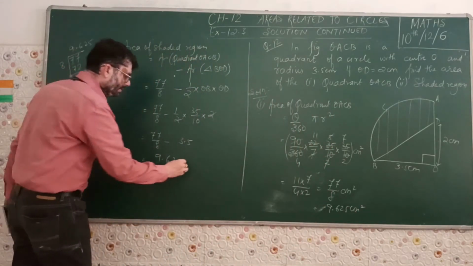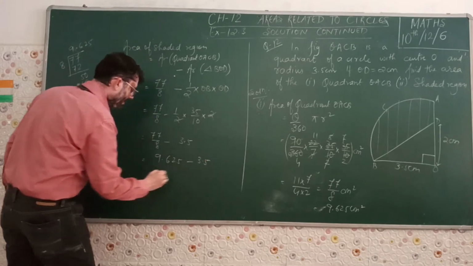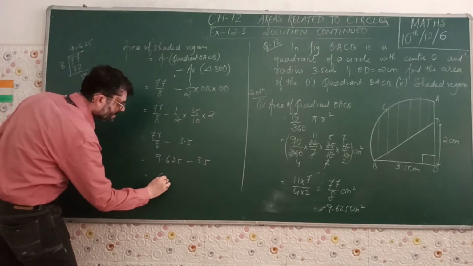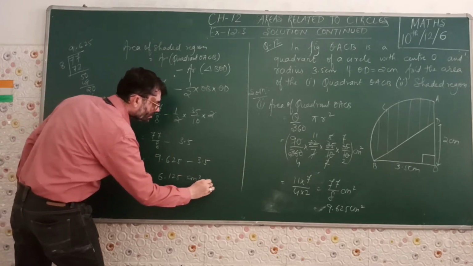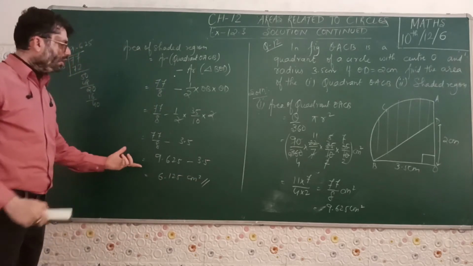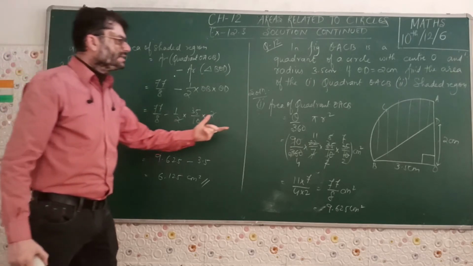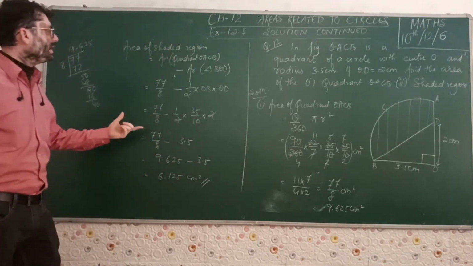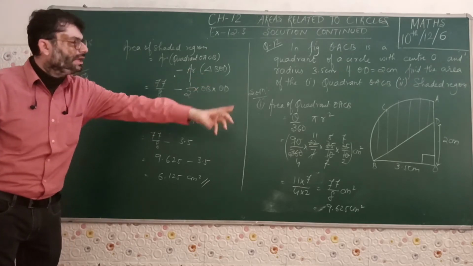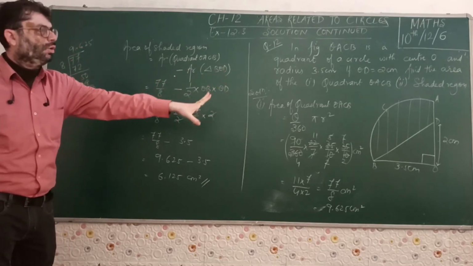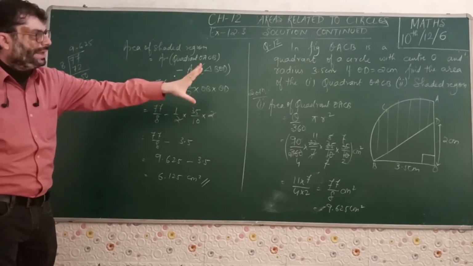Then moving on, this is minus 3.5. So this is calculated as 6.125 centimeter square. So this is the area of the shaded region that is required in our question, that we have obtained by subtracting the area of the triangle BOD from the area of the whole quadrant OACB.